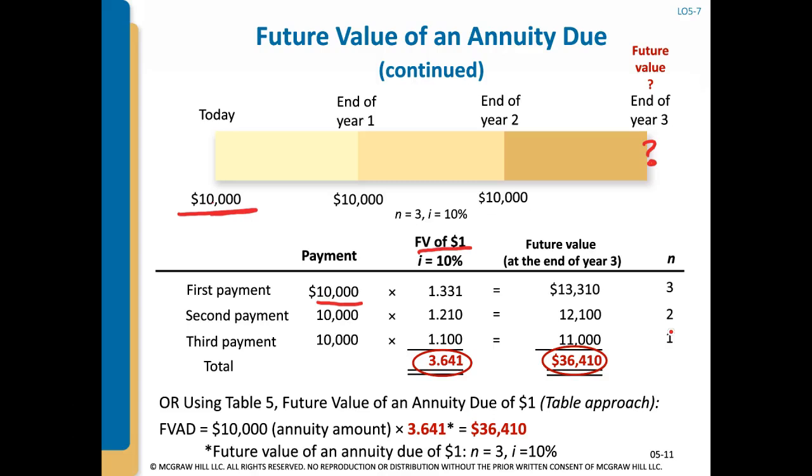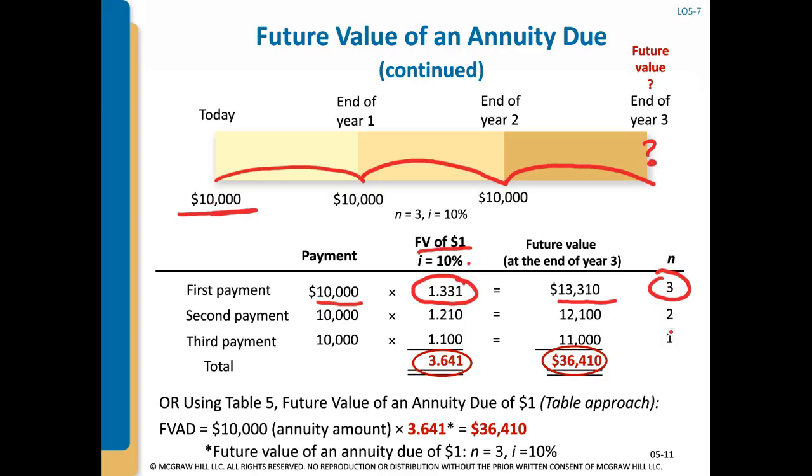So we would use a 10% interest rate, and the number of compounding periods would be 1, 2, 3. So we would go to future value of $1, N equals 3, I equals 10, and you would see the factor is 1.331. And I take 10,000 times that factor, which gives me $13,310.